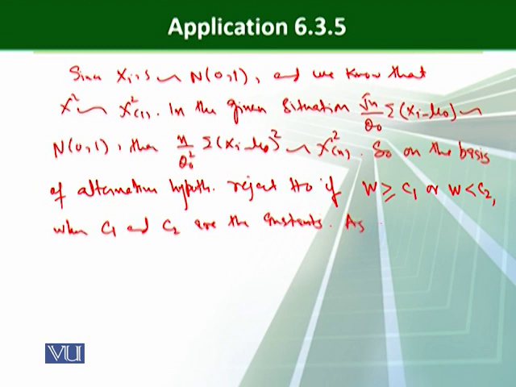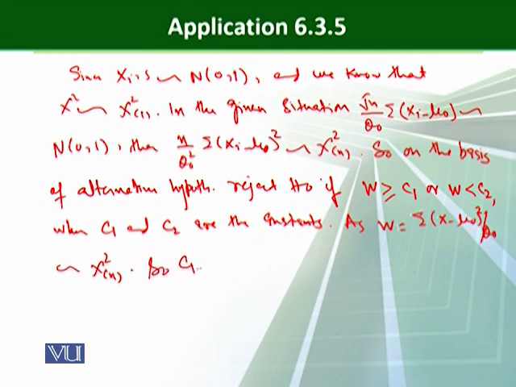As we know, W is based on the sum of (X minus mu naught) square over theta naught, and it follows the chi-square with n degrees of freedom.